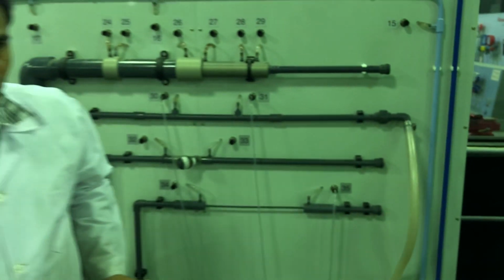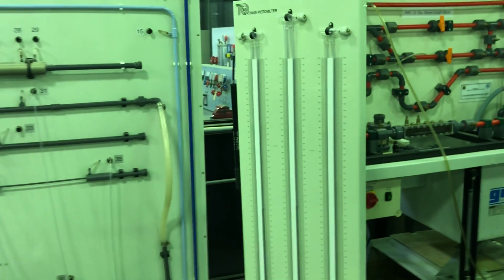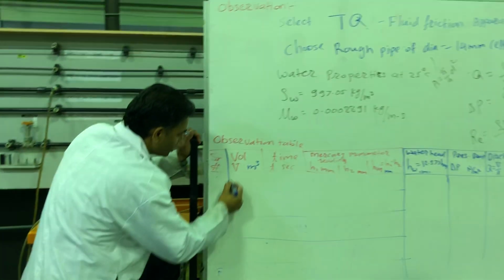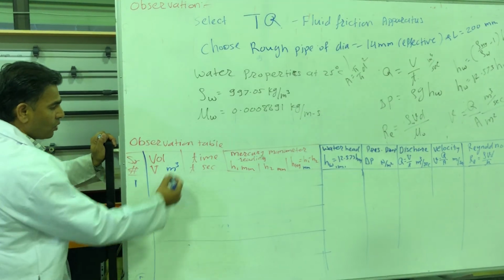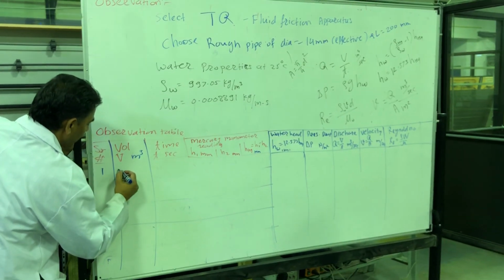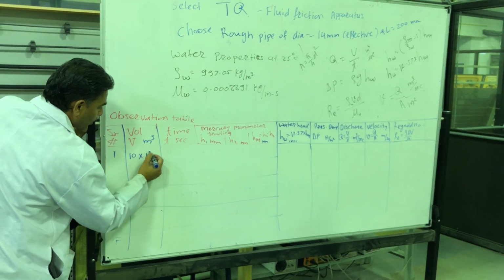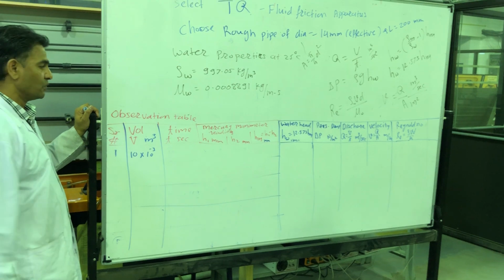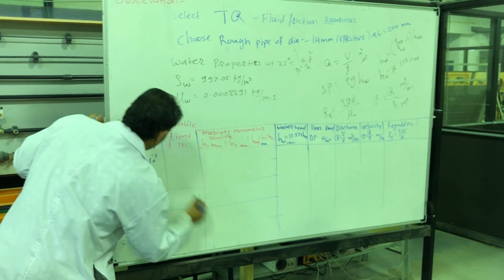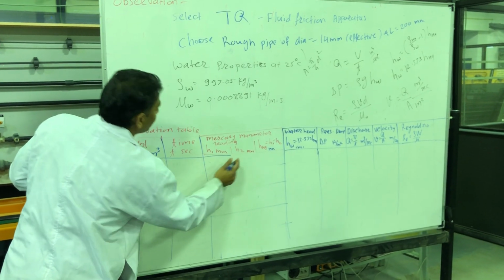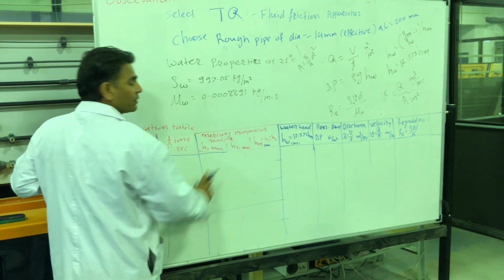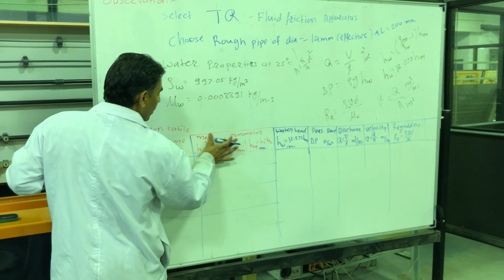Okay. Now as I told you, our observation table consists of serial number 1, volume I can collect 10 liter, 10 into 10 to the power minus 3 meter cube as usual. Measure the time. Now in the previous experiment we studied the mercury manometer. Now here, water manometer.